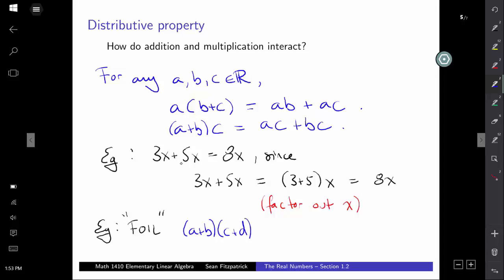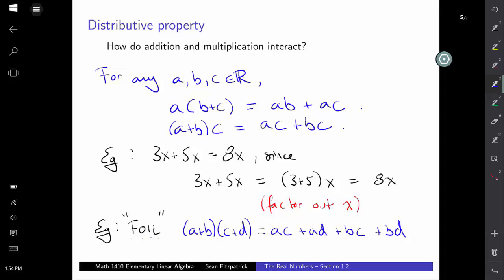So the FOIL stands for first, outside, inside, last. So you multiply the first two terms together, a times c, then you multiply the outside terms, a times d, then you multiply the inside terms, b times c, then you multiply the last terms, so b times d, right? And you end up with 4 terms in total.